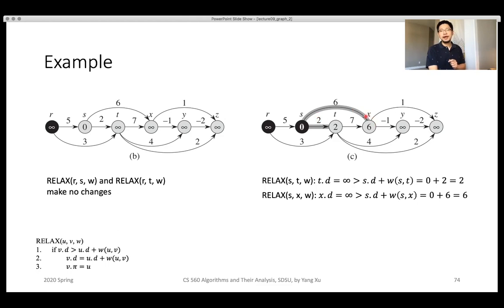These highlighted edges will eventually form the shortest path tree.